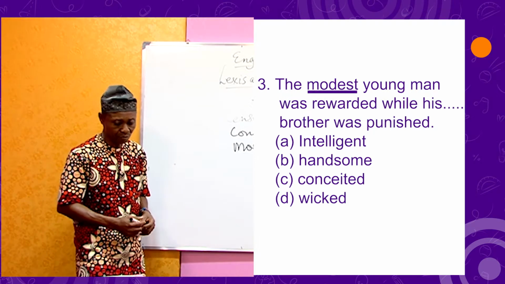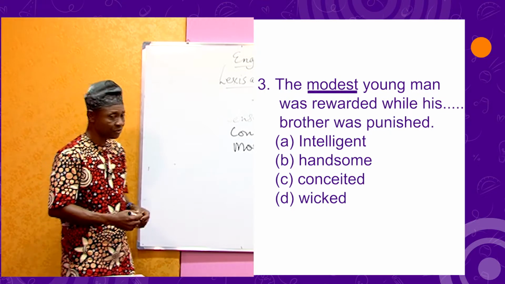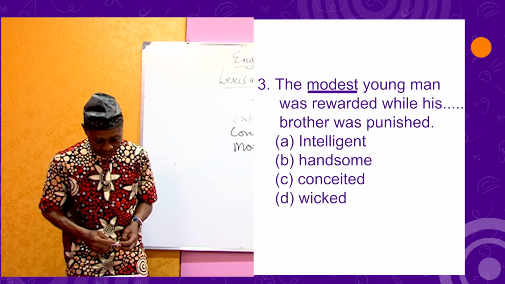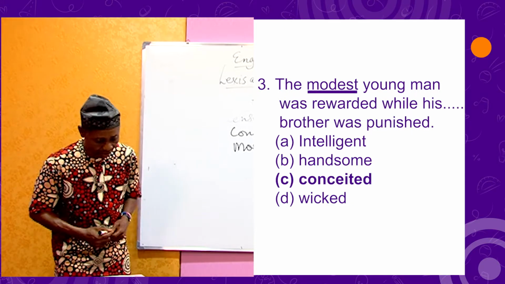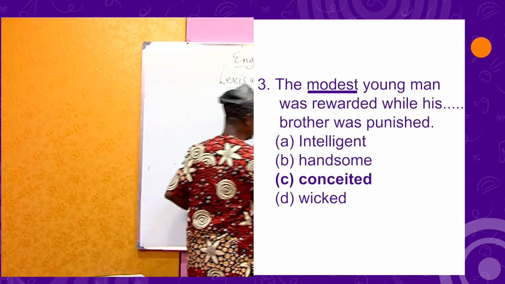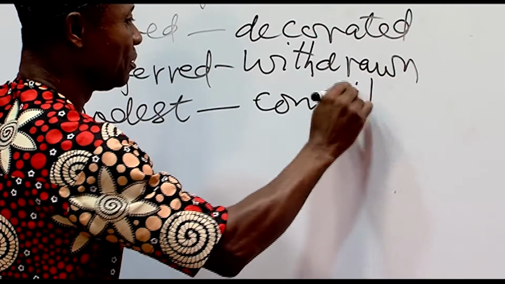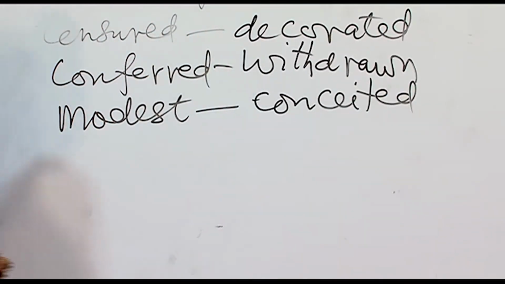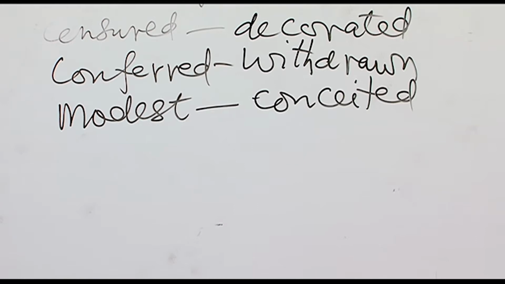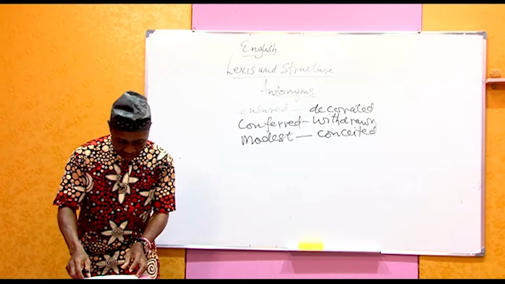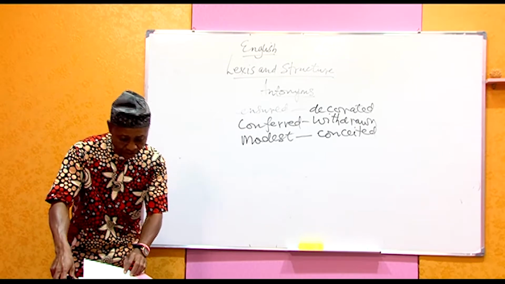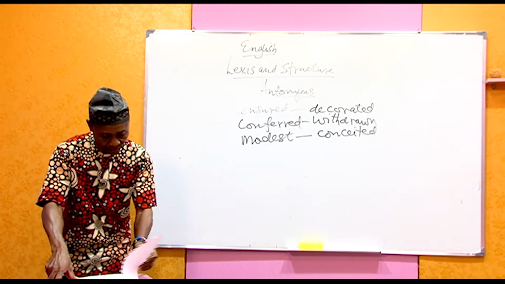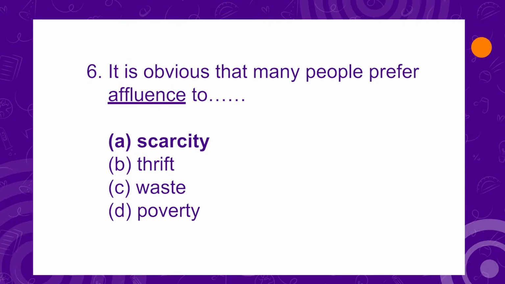You have B, handsome. You have C, conceited. You have D, wicked. Option C is the correct answer, because when somebody is conceited, the person brags about what he or she can do. So that is what we have under antonyms in this section of the questions.